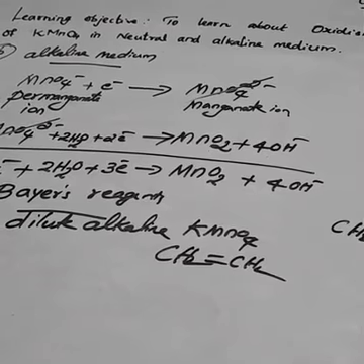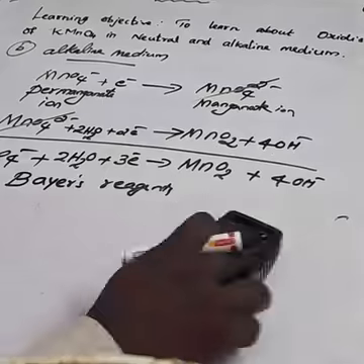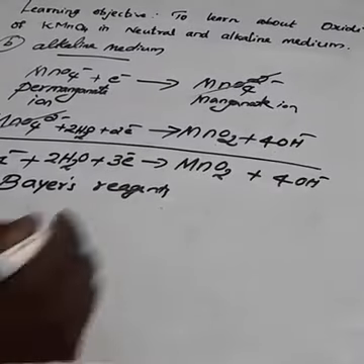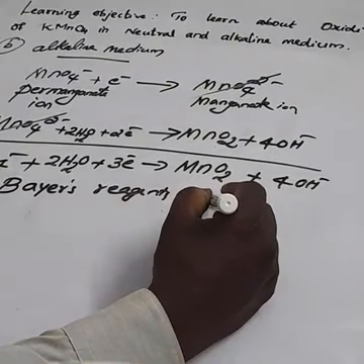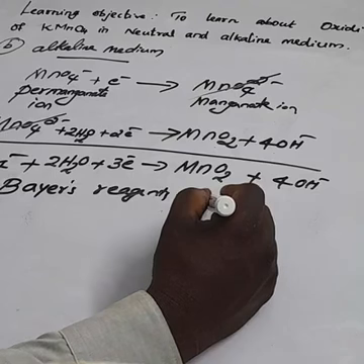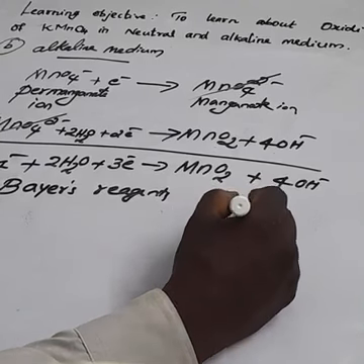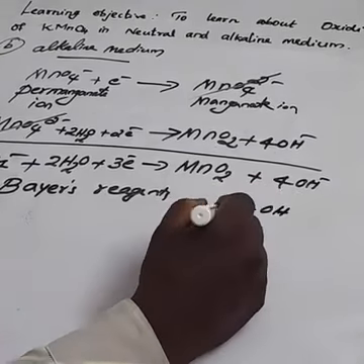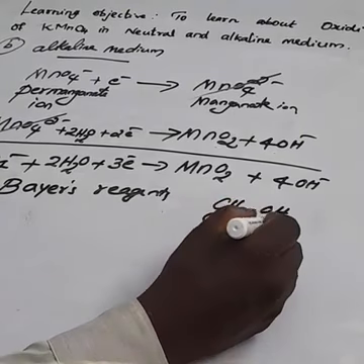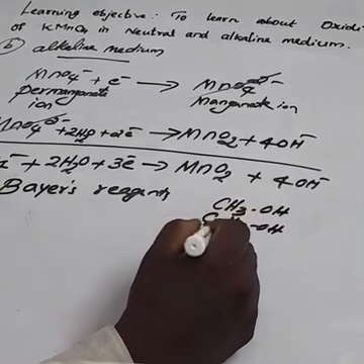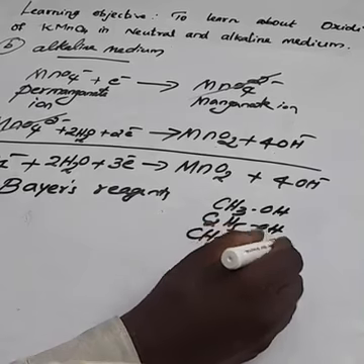What is the meaning of diols? Before that, a compound having only one OH group, for example CH3OH, C2H5OH, and we can write CH3CH2OH.